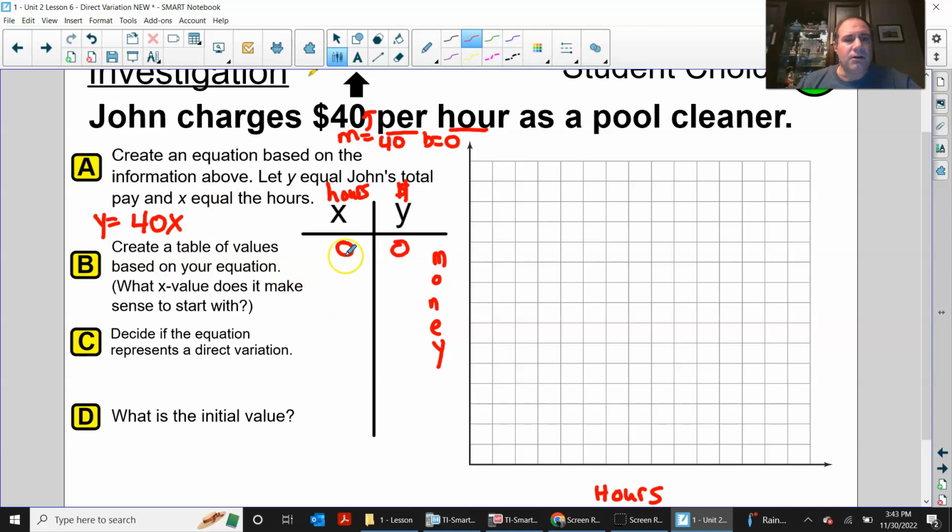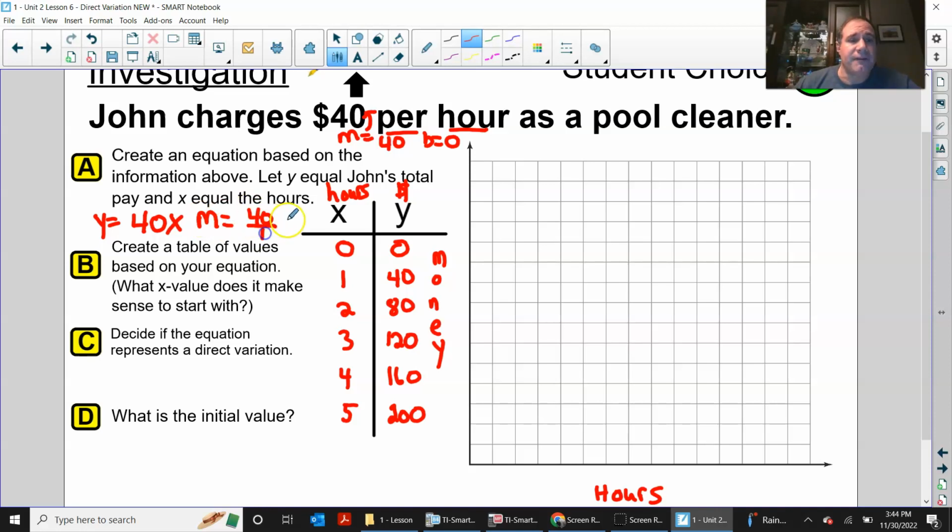So we are going to go ahead and put in 1 hour for 40, 2 makes 80, 3, 120, 4, 160, and we'll leave it off at 5, 200. All right, so the m equals 40 over 1.